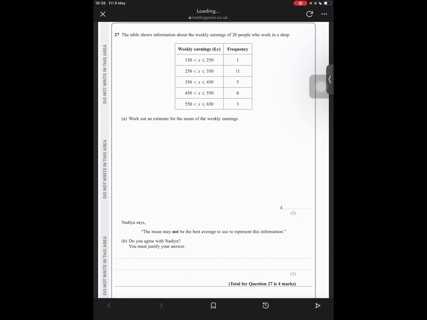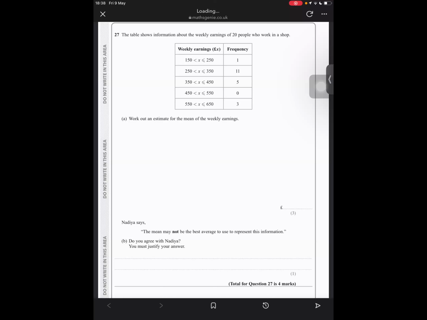Okay. We're going to multiply each of those midpoints by their individual frequency. For instance, the midpoint for the first one is 200, right? Yes. So we're going to take 200 and multiply it by 1.